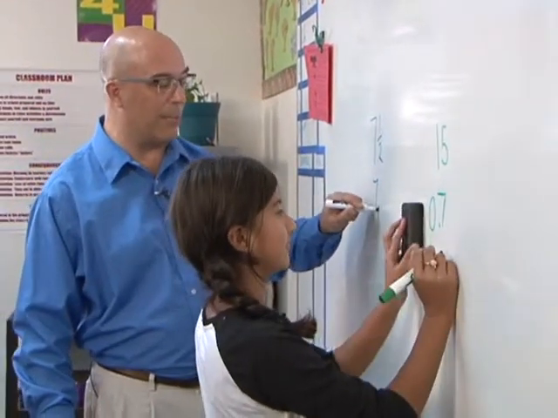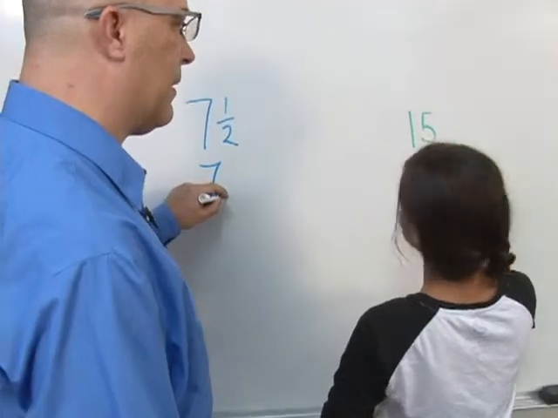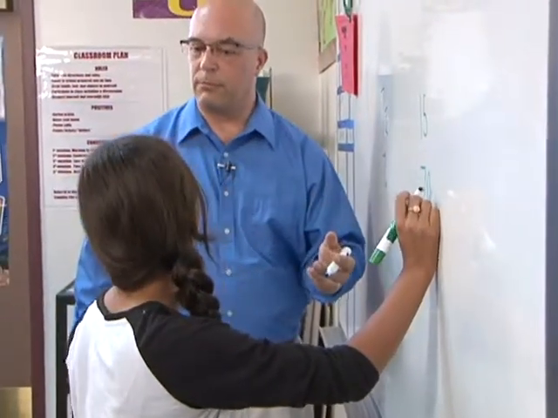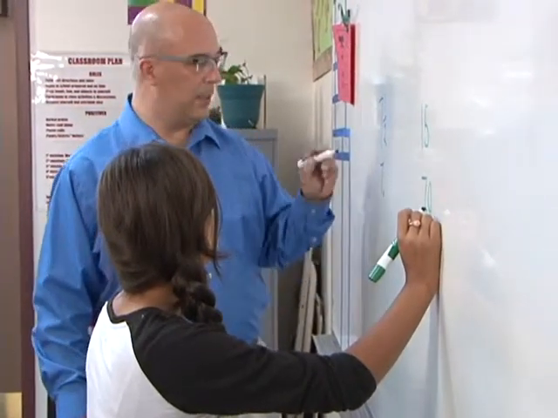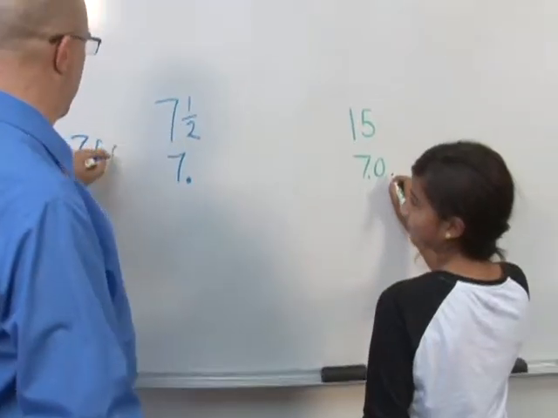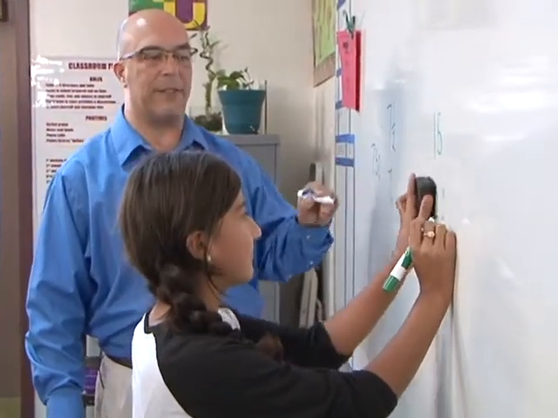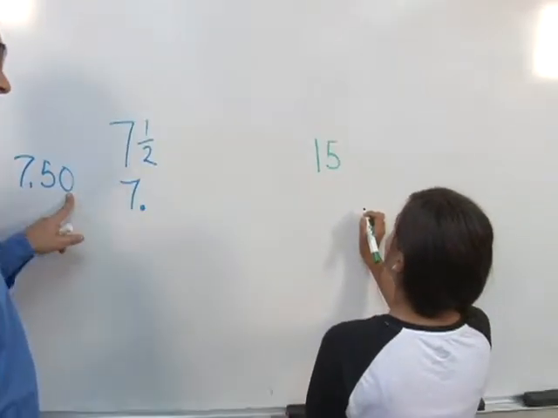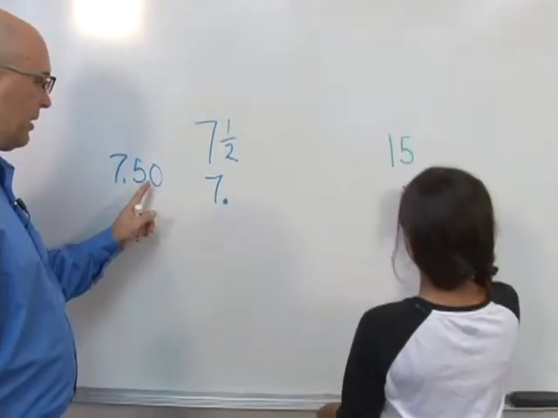The decimal point means and. Now you've got 7. Think about 50 cents. What's that worth? 50. Okay, so how would you write that? If I wrote this, isn't that $7.50? So how would I write 7.5 as a decimal? Because I don't want money, so I don't need the 0 on there. So take a look and how would I write 7.5? Because I don't need the 0.